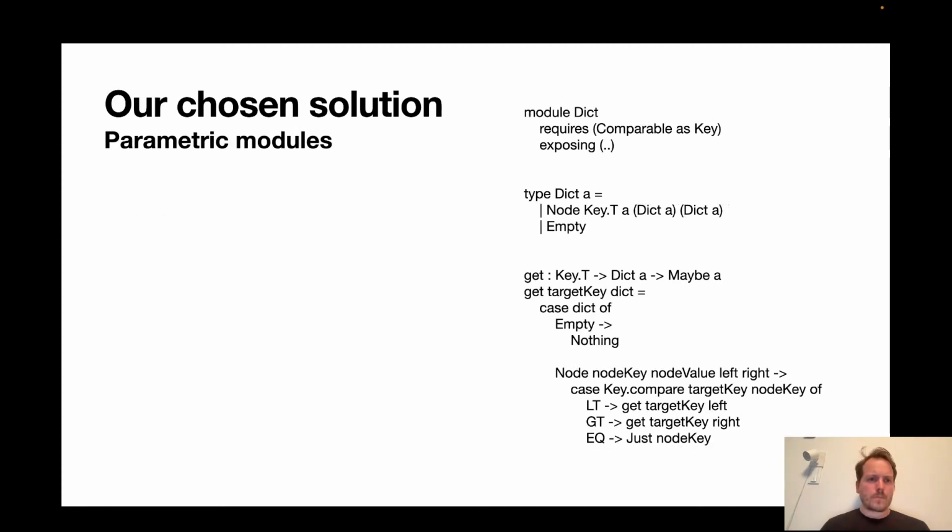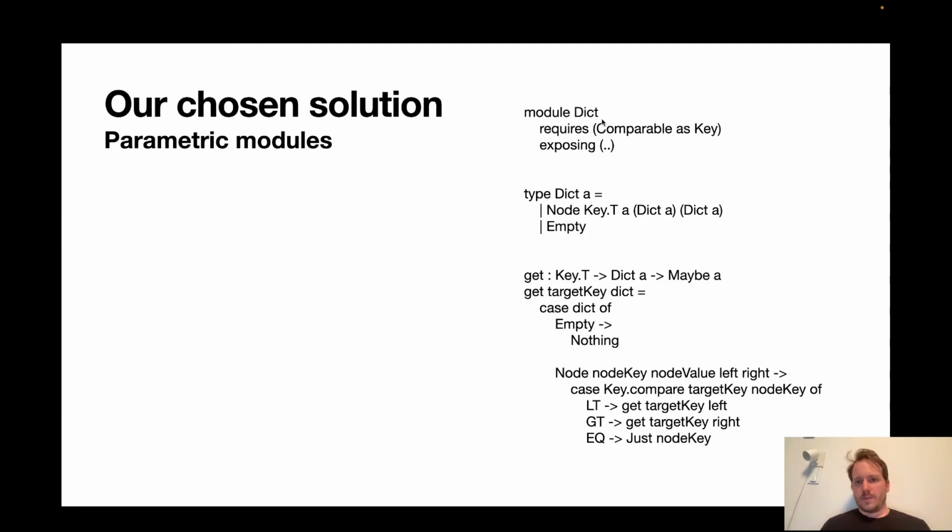So the chosen solution for Gren is parametric modules, and that's what we're going to try to implement over the next 6 months. And it looks pretty much like this. So if we're going to create a dictionary, and we want to be able to give the user some flexibility on what type is serving as the key of that dictionary, then we can do as follows.